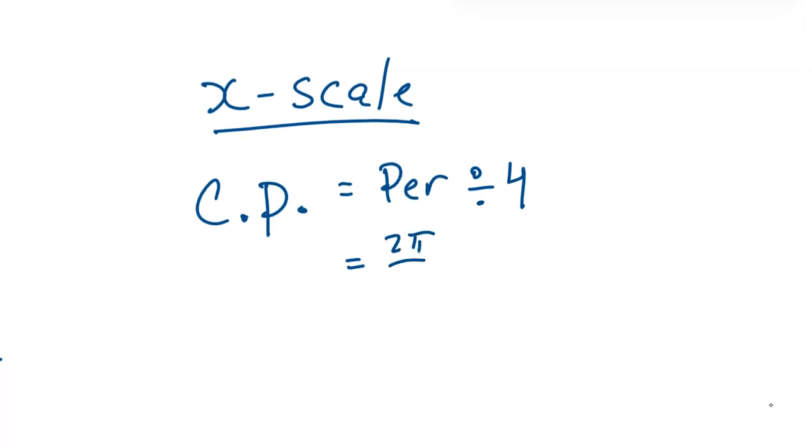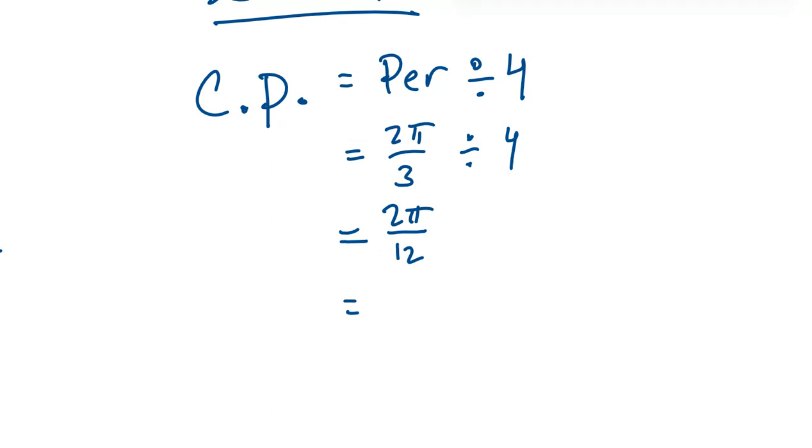2 pi by 3 divided by 4 is what? 2 pi by 12. Whoops. Which is pi by 6.